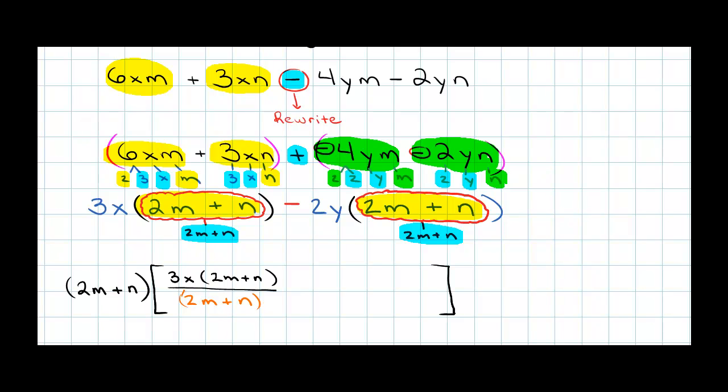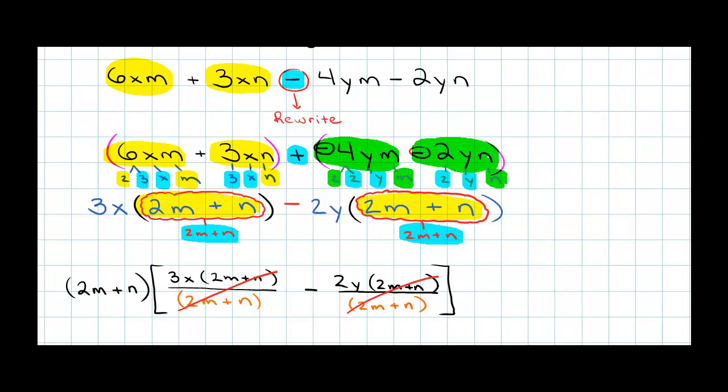When we factor out a GCF, it's like we're dividing by that GCF. So I wrote the GCF outside the square brackets, and inside the square brackets I'm trying to show that we're dividing through by that GCF.